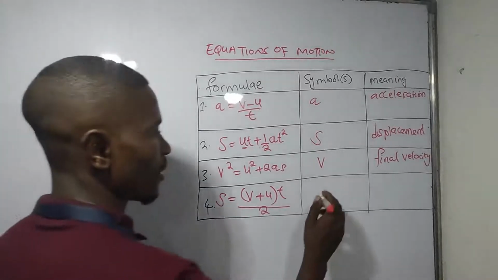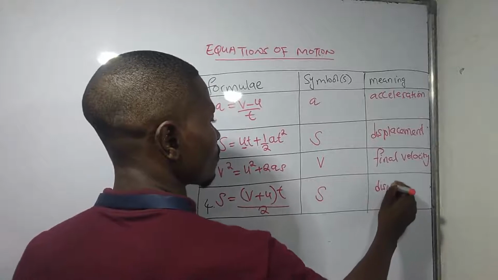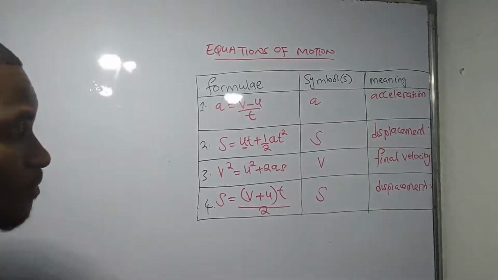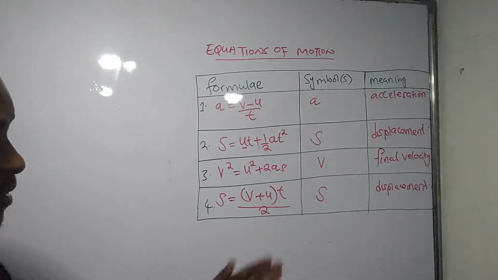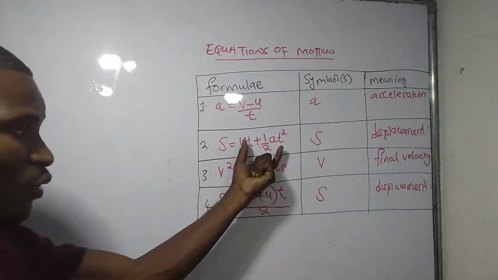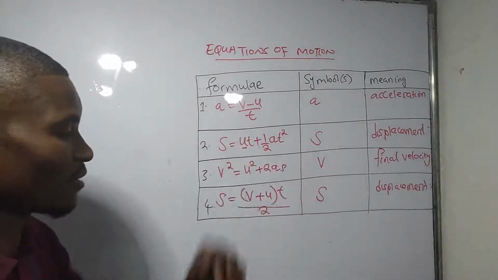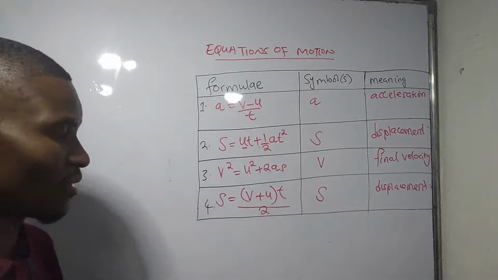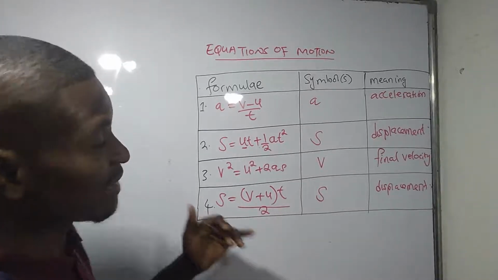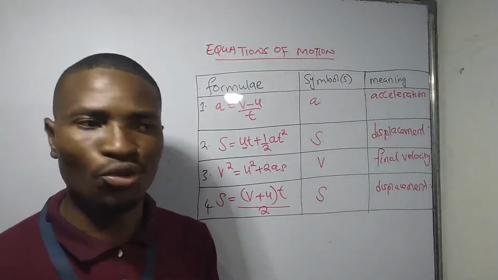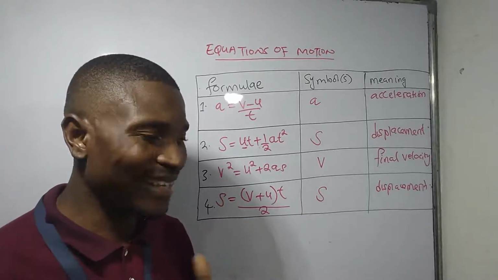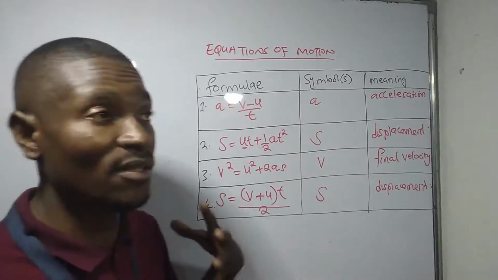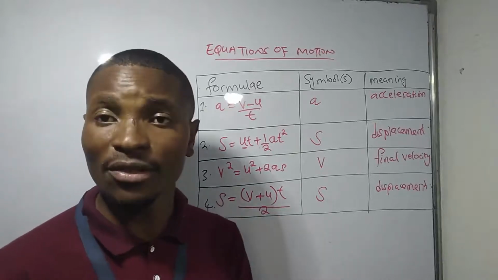In this one, there is no a, so you can use it if you don't have acceleration. The idea is to tell you that these are varieties, the ways in which, whichever formula you use, you can still get the same answer.